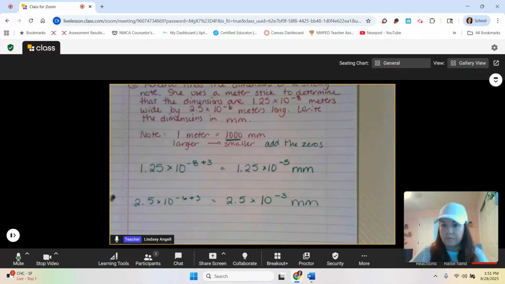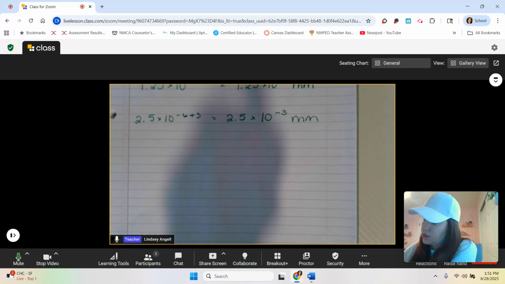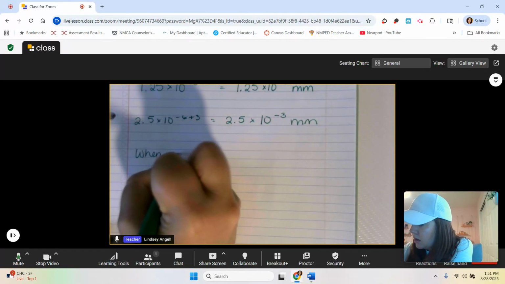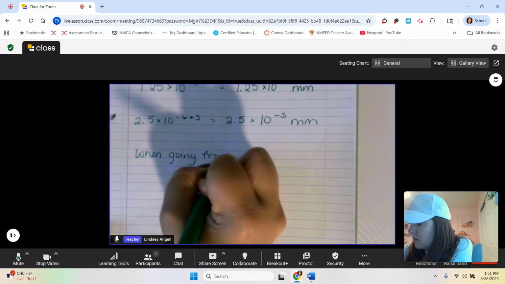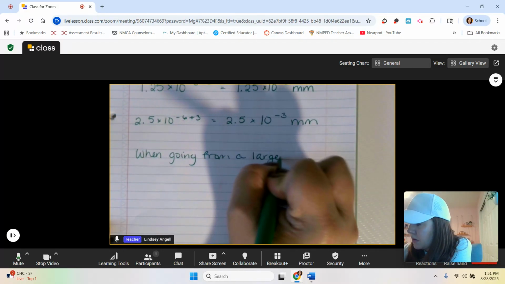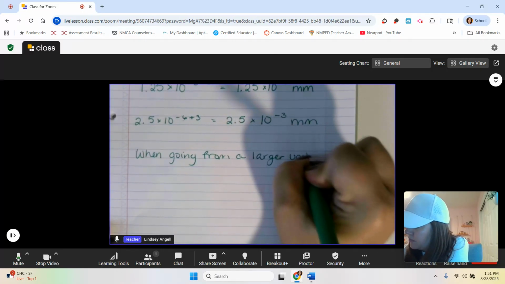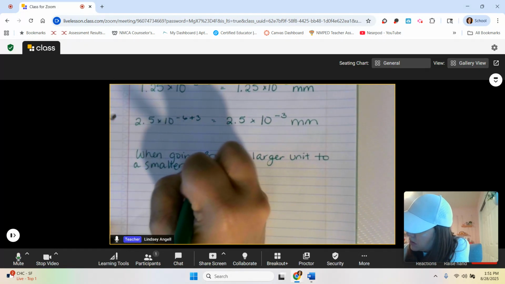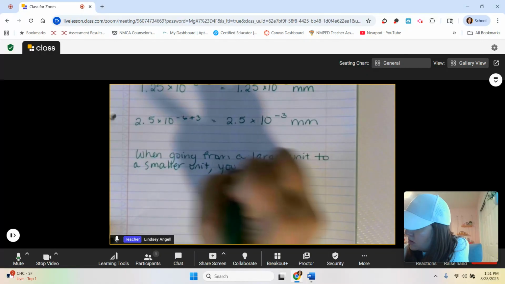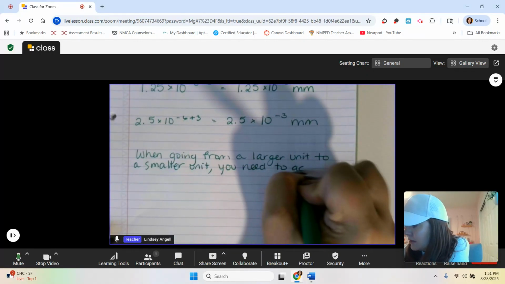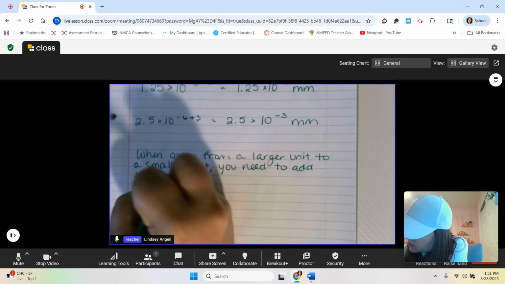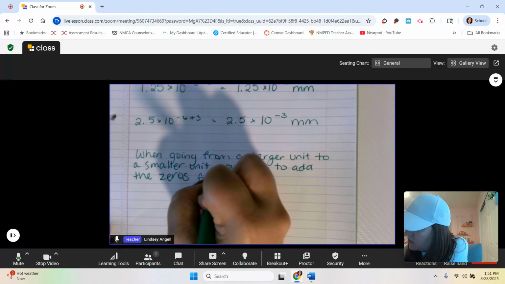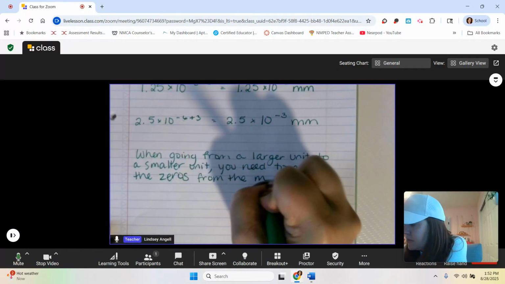Just to clarify, when going from a larger unit to a smaller unit, you need to add the zeros from the measurement conversion.